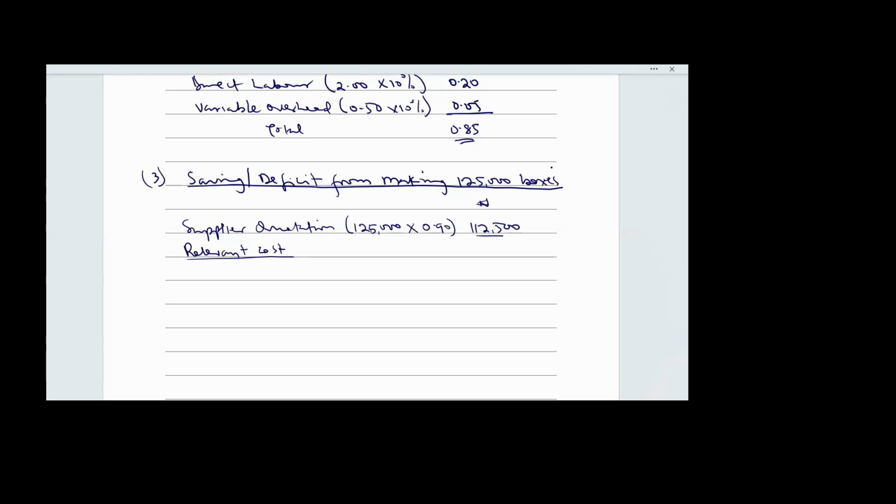So I have direct material to be 125,000 boxes multiplied by 0.60. What do you have there? 75,000. Thank you. Then direct labor is 125,000 boxes multiplied by 20 kobo.